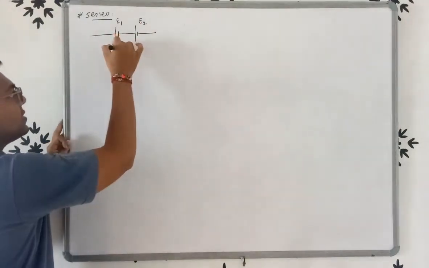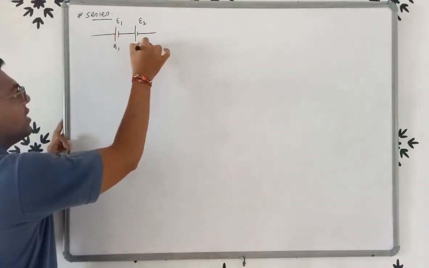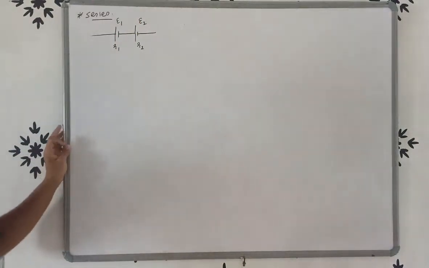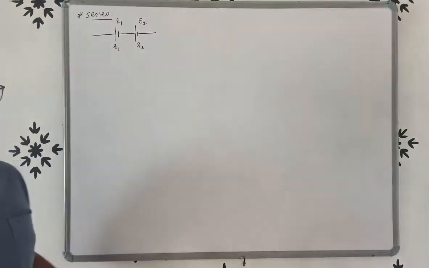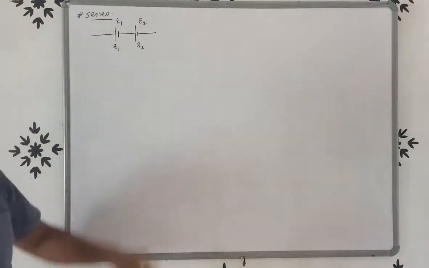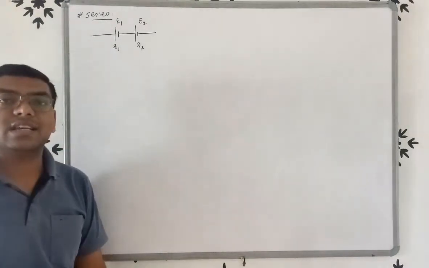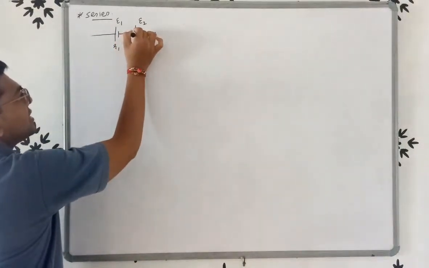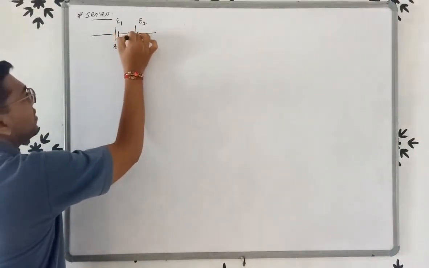Internal resistance of cell 1 is R1 and internal resistance of cell 2 is R2. Here the current will be the same because of series connection. But we know the direction of current is from positive to negative. So the direction is like this, from positive to negative, like this.